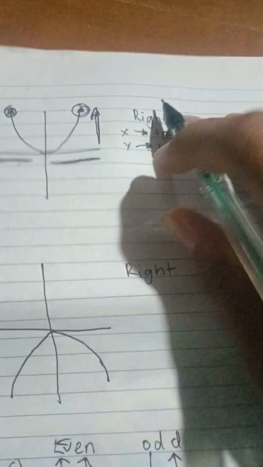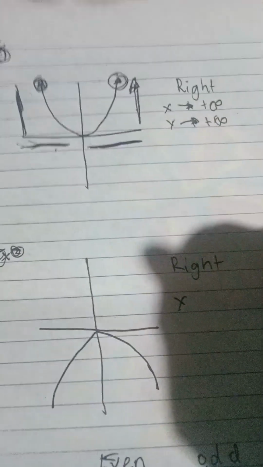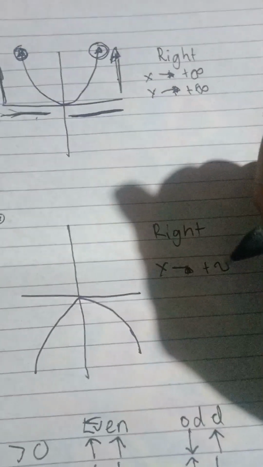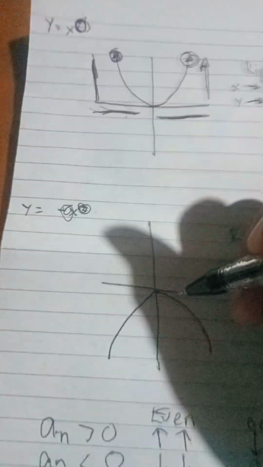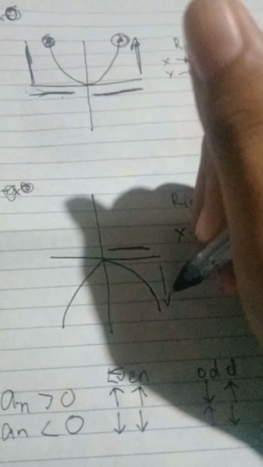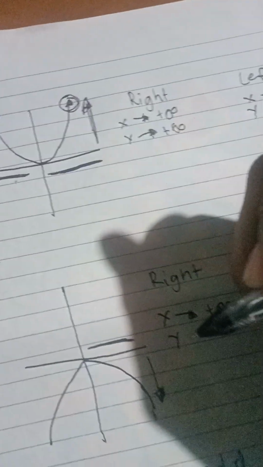We can also express this as: on the right side, as x is moving to positive infinity, our y is decreasing to negative infinity.